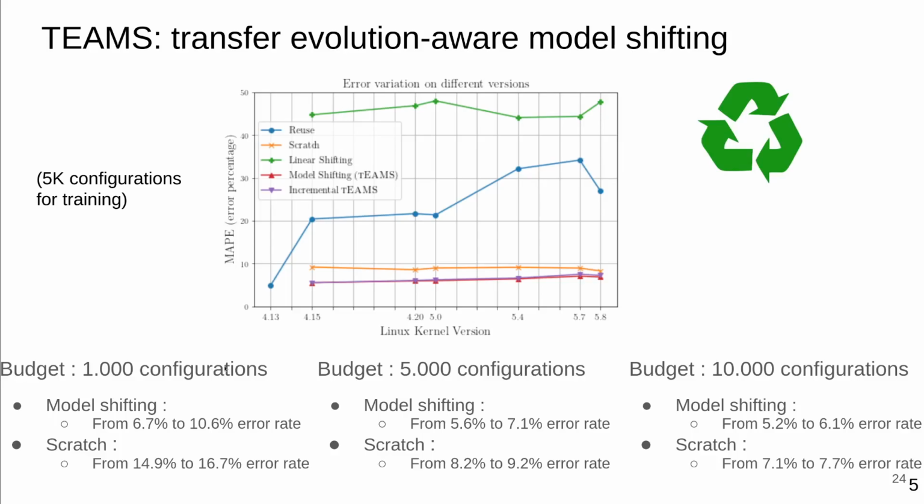It's simply not enough. If you increase the training set budget, learning from scratch, of course, improves, but still it's less than Teams. So Teams is effective, is beating another baseline, which is linear shifting, and we can reach almost the same accuracy 3 years later.